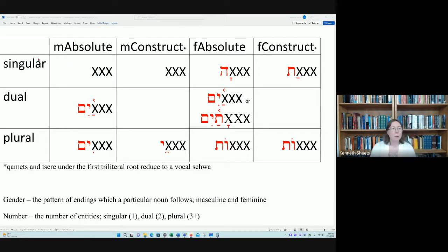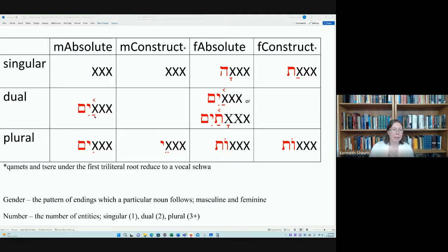endings. So masculine singular absolute is not going to have an ending. It's just the three letters of the triliteral root. Then we have the masculine dual absolute. To those three letters of the triliteral root, we would add the ending ayim.